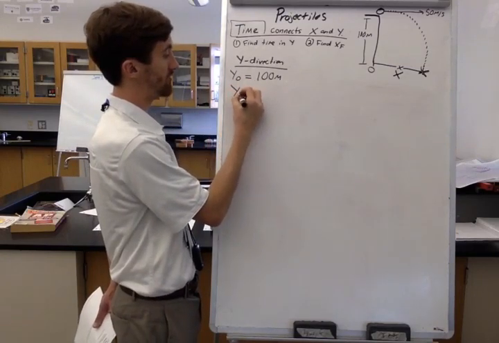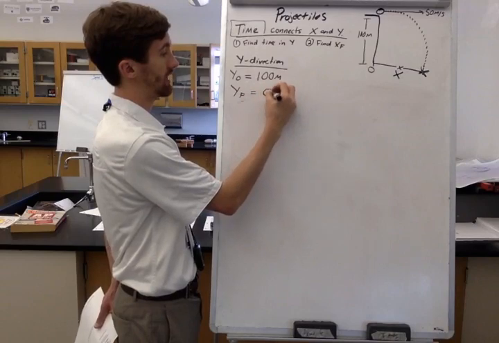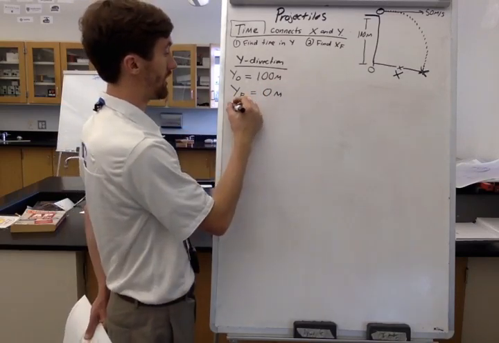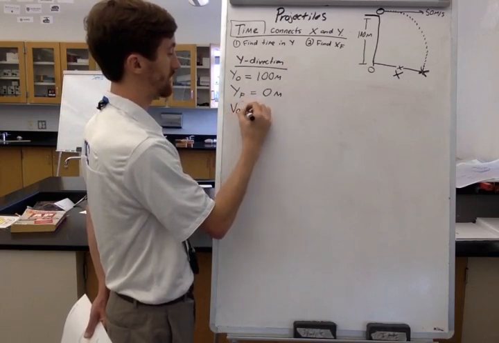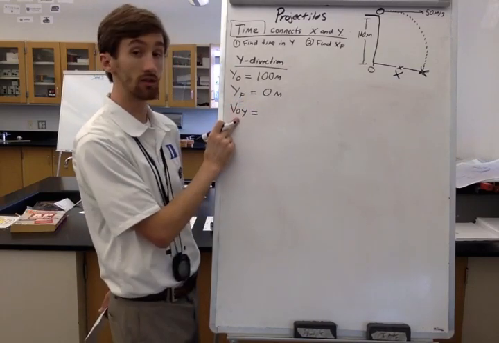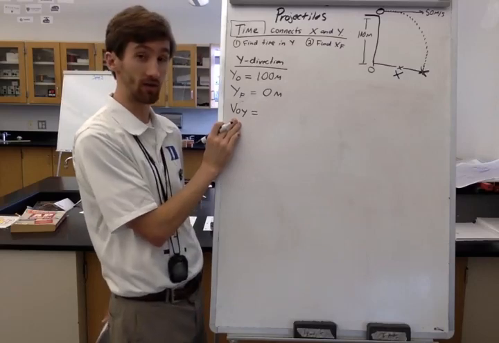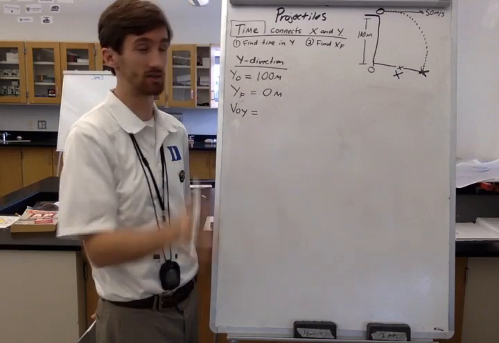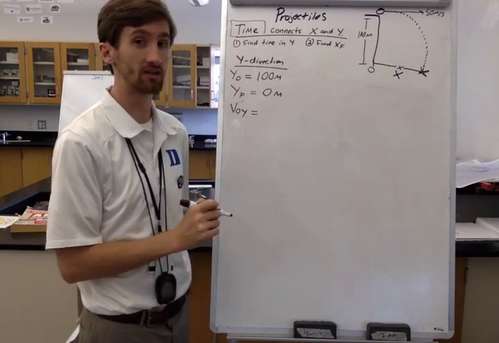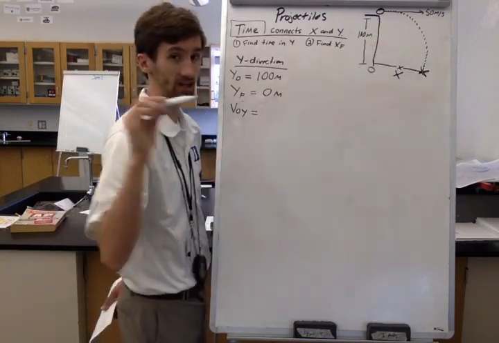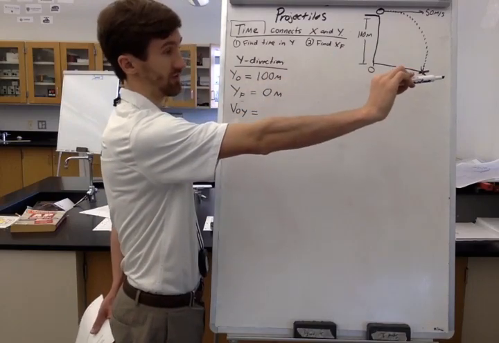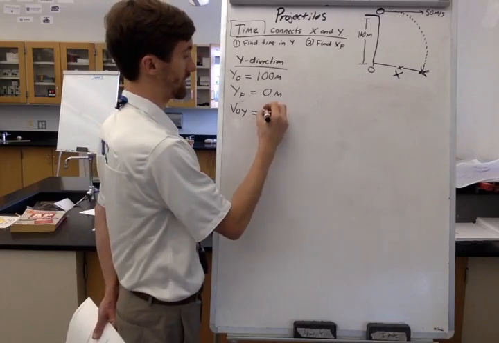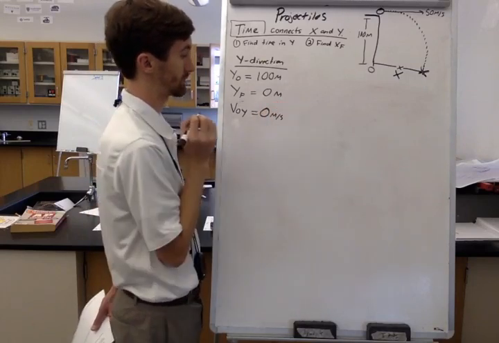I'm going to do my final position as 0 meters. I know that my starting velocity in the y direction, careful, this is not velocity, it's velocity in the y direction, the part that's going up and down, is 0. My ball gets kicked straight off of the cliff, so there is no velocity to start in the y direction. So that is 0 meters per second.